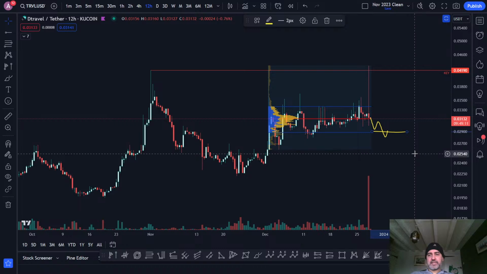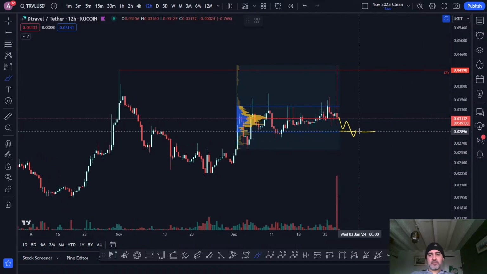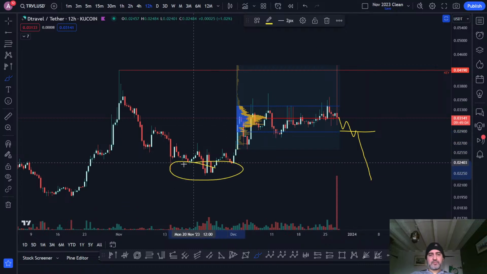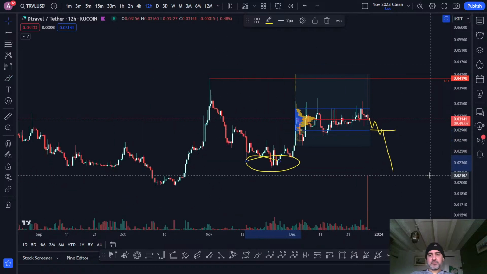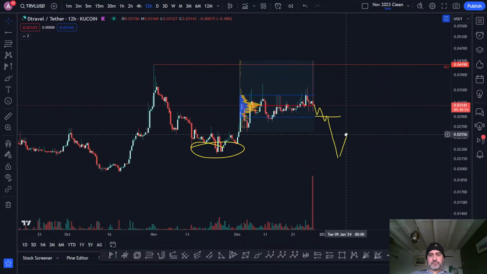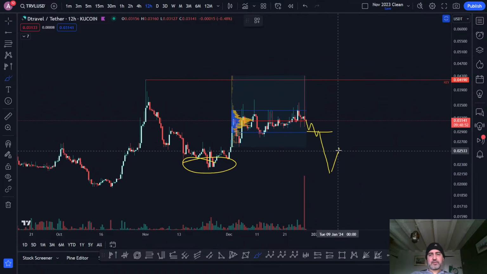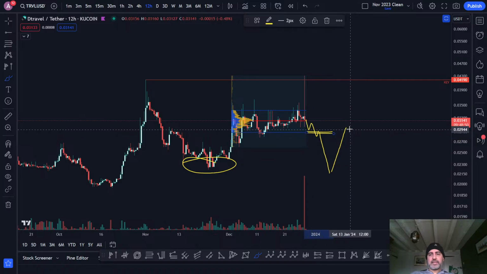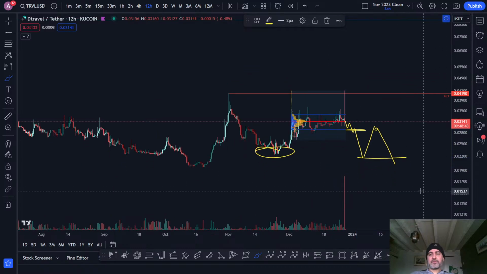And then they need to go and make a new low. Take out these lows. Once the bears do that, they've made a lower low. They need a lower high here somewhere. And they need to continue. That's what the bears need to do right now. If the bears are in control, this is what they need to do.